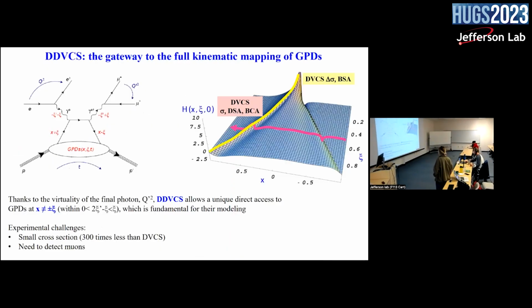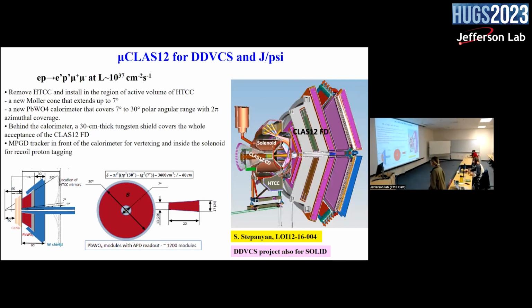We have never measured it. The current energy, 12 GeV, is fine for measuring this, but we need to revamp the detector. If we want to measure it, we need the muon detector he was talking about before, which we don't have in the current CLAS12, and we need to increase the luminosity.